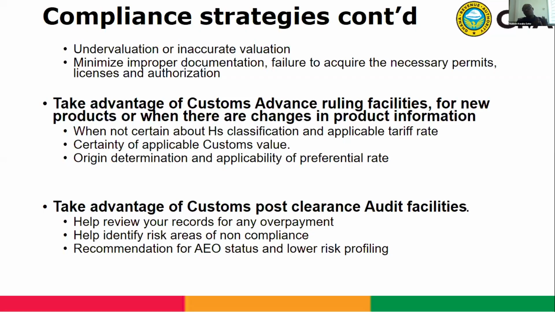So importers or traders are supposed to take advantage of these facilities to ensure that all risk areas of non-compliance are reviewed and their profile is enhanced with Ghana Customs.